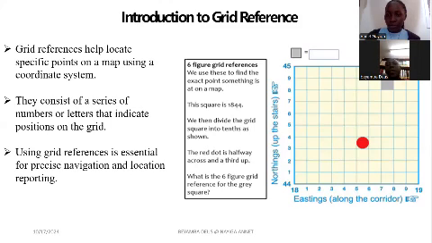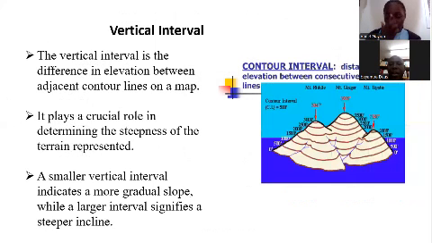Okay. So now we can go to the next part. Then we see other aspects. Now, when we come to the vertical interval, it is more on the map work and identifying the elevation between adjacent contour lines on the map.